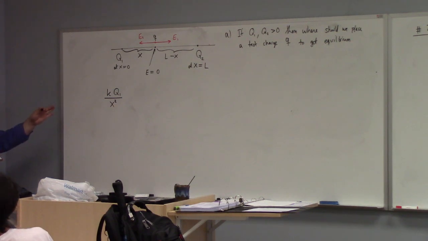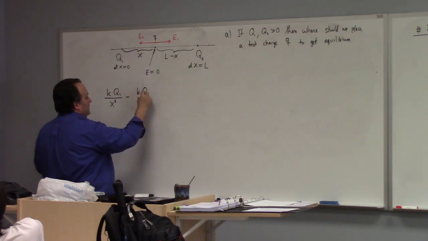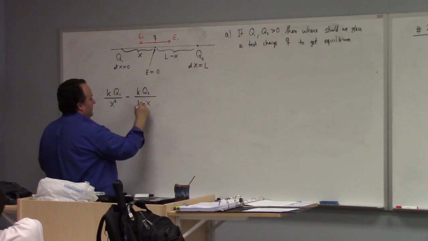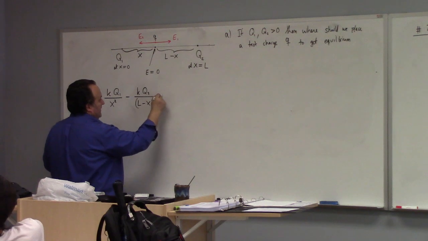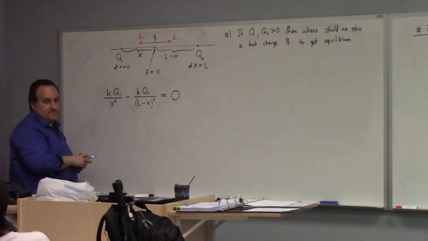If I multiply that by little q, it gives me the Coulomb force at that point due to charge 1. And likewise, minus K Q2 divided by (L minus x) squared, and that should all be equal to 0.